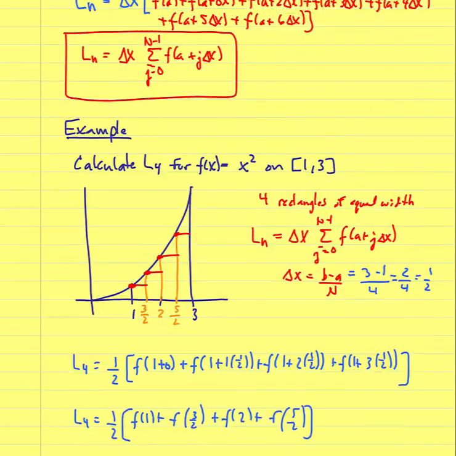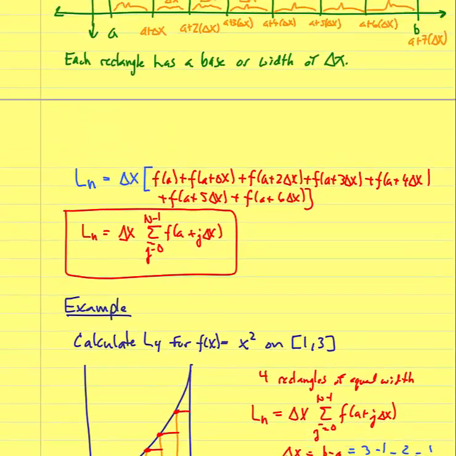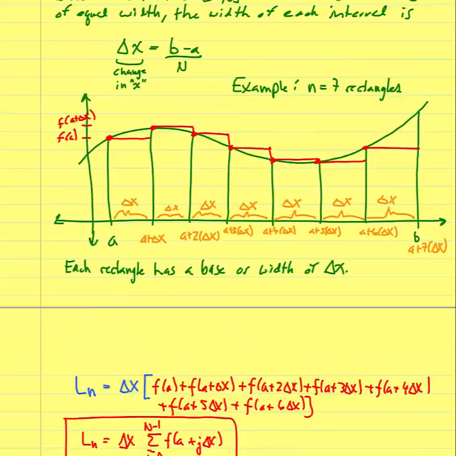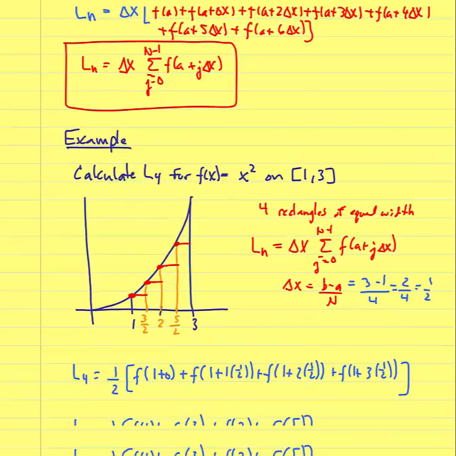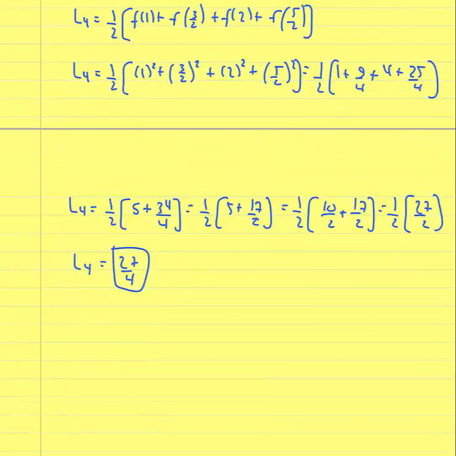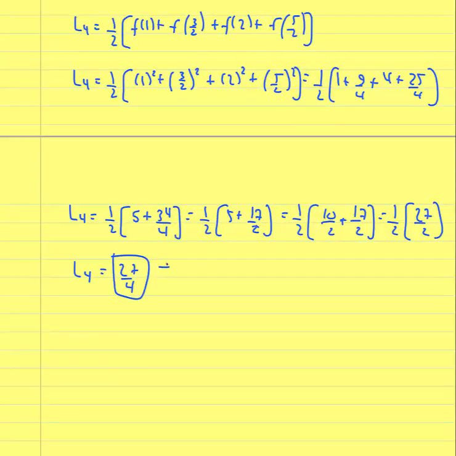Now remember, way up here, if you can find it, this was the area using R4, and it was an overestimate. This is our area, we're using L4. Still the same function, still the same interval.